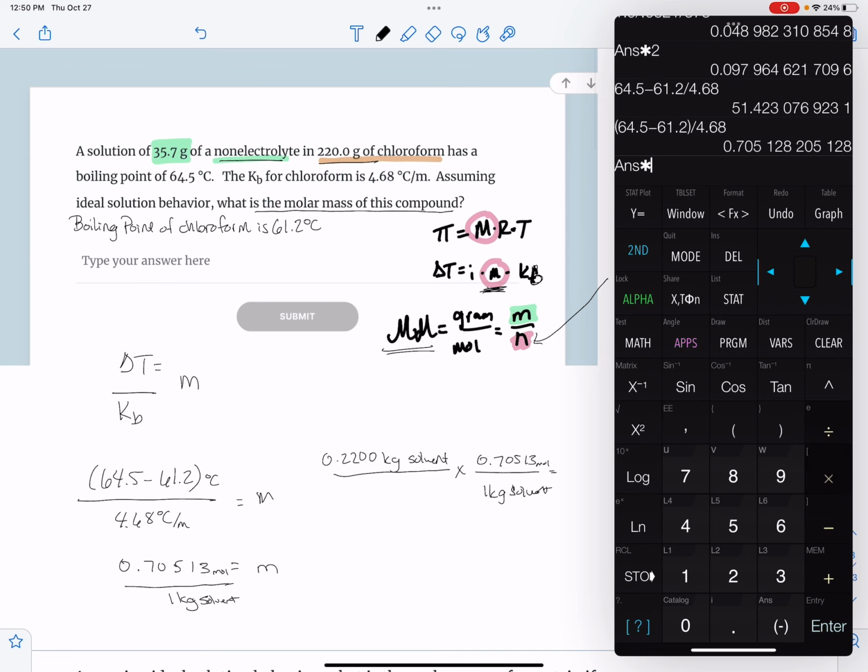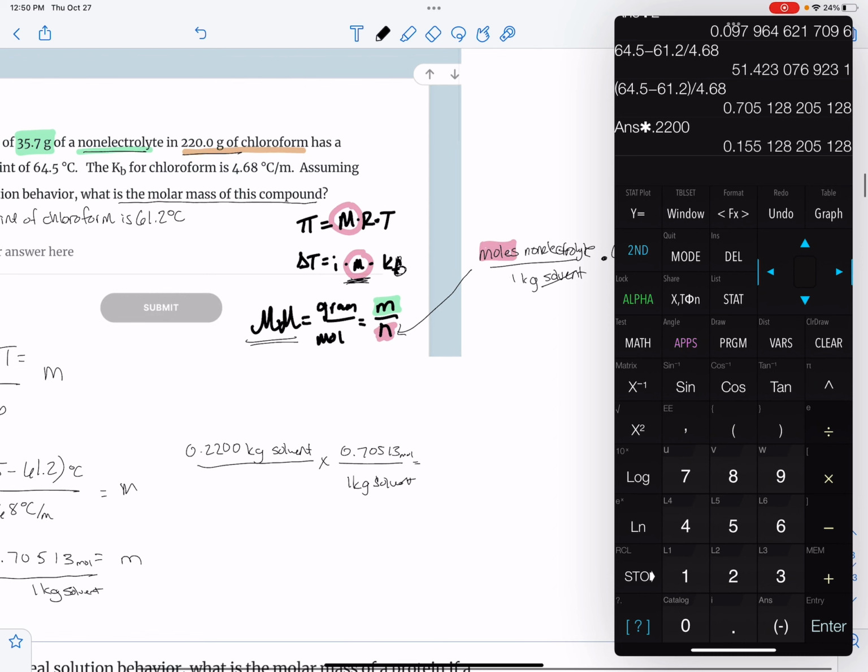So I'm taking that number times 0.2200, and that gives me 0.155128 moles, and I'm putting some extra sig figs in here. And that is my pink term that I'm going to put in the equation.